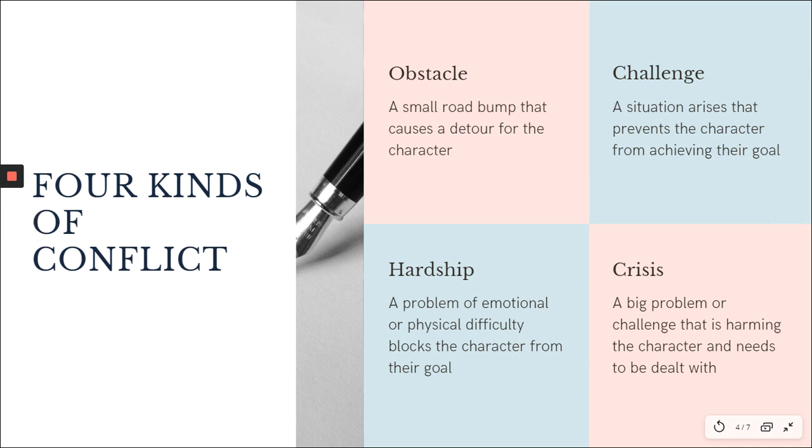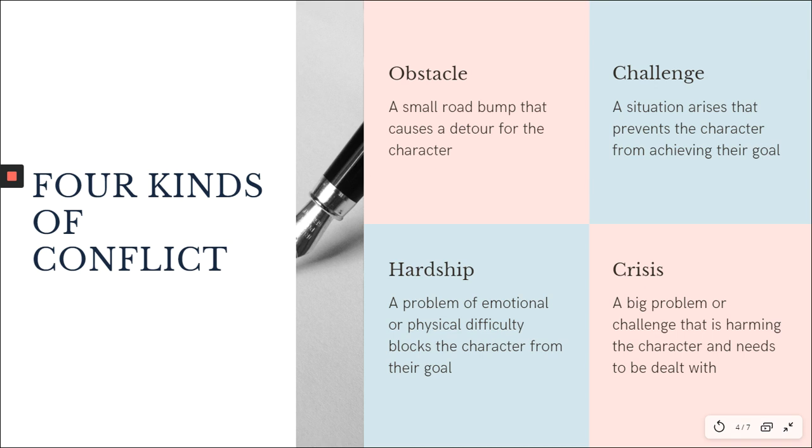Now, there are 4 types of conflict, and really these are things that every single human being faces. None of us have the perfect life. All of us experience challenges. All of us have goals, have problems that come because of them, and have to react and deal with and overcome said challenges. So do our characters. And so the first kind of conflict that your character is going to have is an obstacle, which is really like a little bump in the road.